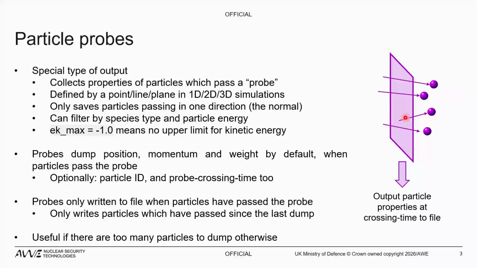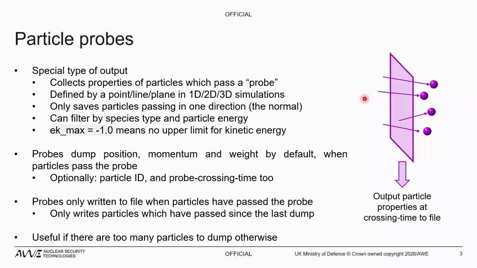You have to identify each species which will trigger it. You'll need to pick a direction that you want the particles to pass the probe in, so it'll only pass particles going that way. It won't save them coming the other way. You need a second probe for that. And automatically you will get the weight, the momentum, and the position of the particles that pass this probe, which is a very useful feature if you want to track where energetic particles are going.